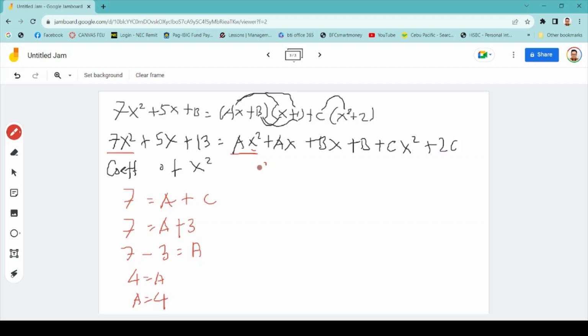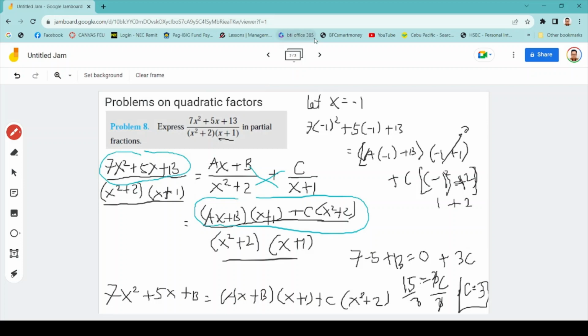Now, if we get the coefficient of x, the coefficient here is 5, the coefficient here is a, and the coefficient here is b. But a is equal to 4, so 5 is equal to 4 plus b. In other words, 5 minus 4 is equal to b, or b is equal to 1.